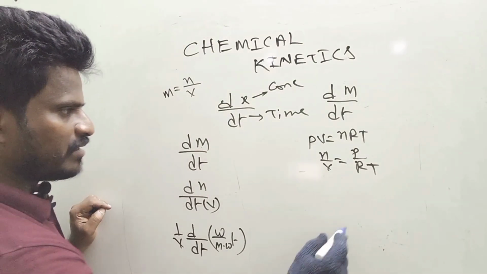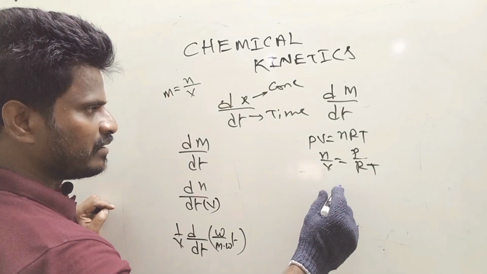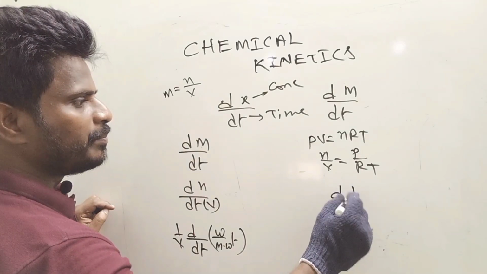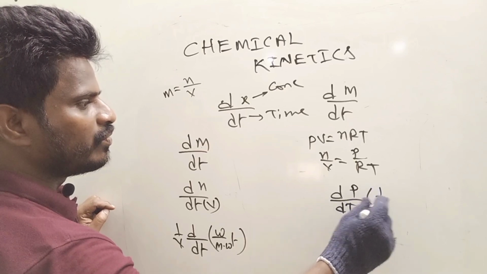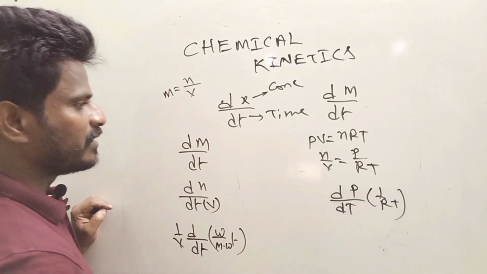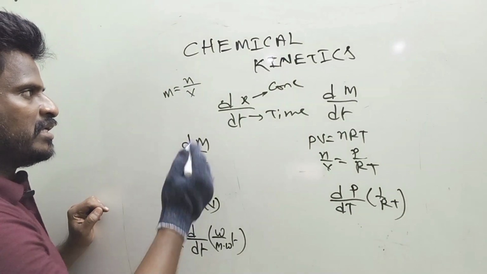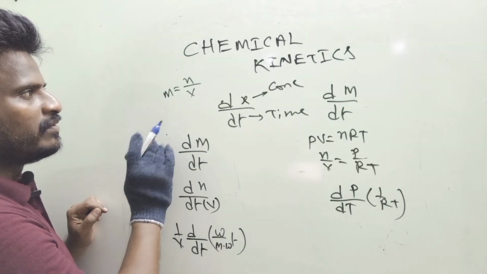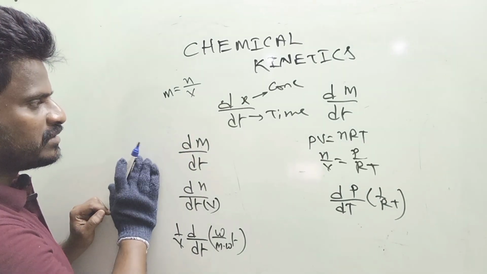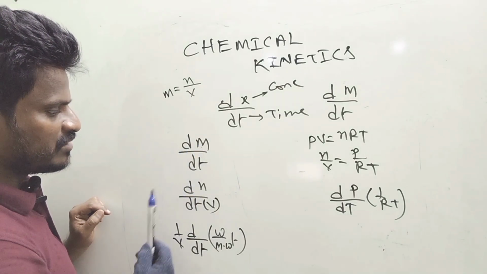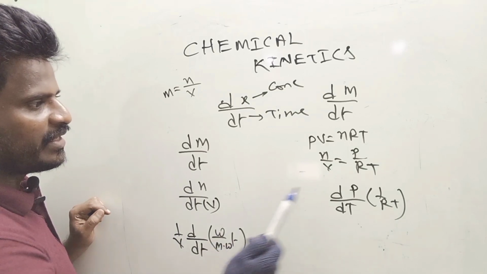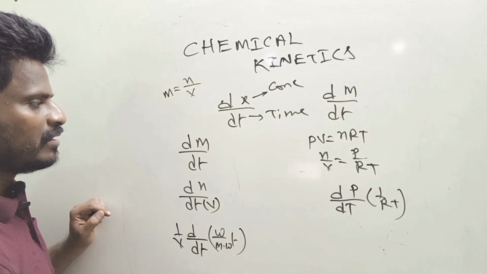Then the rate equation may be represented as dP by dt into 1 by RT. Here these terms are used for the rate expressions. Rate expression in terms of molar concentration, in terms of moles, in terms of weight, or in terms of pressure.